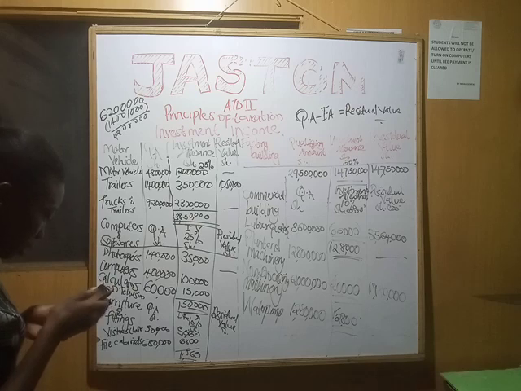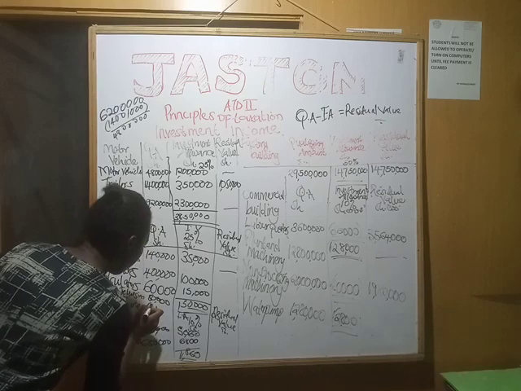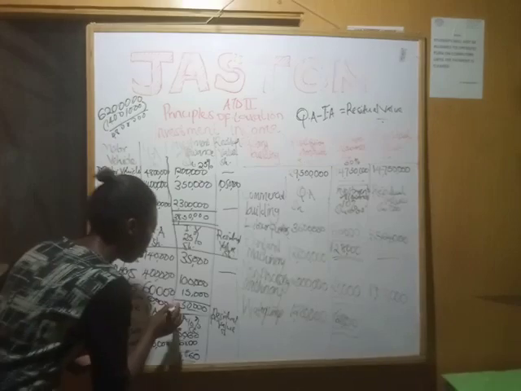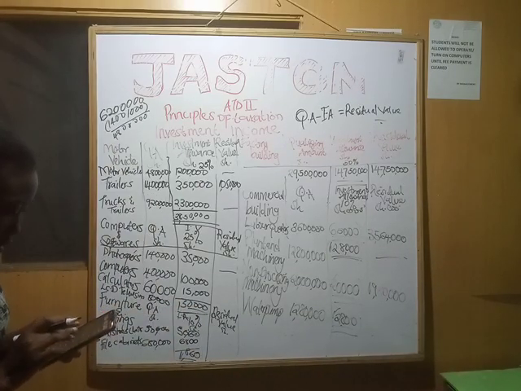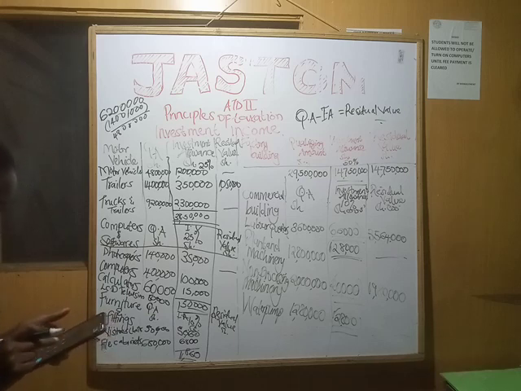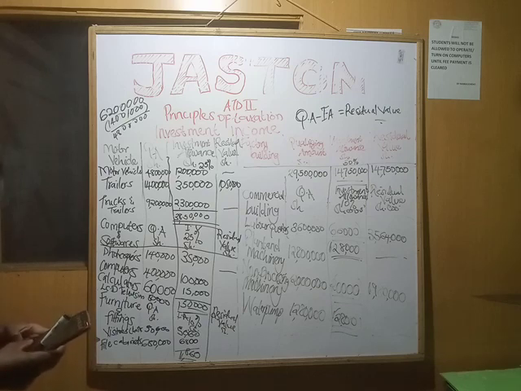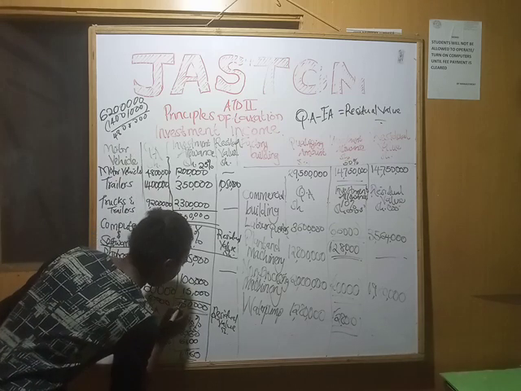LCD television at 80,000. So 25% of 80,000, we just do the calculation, then we add it up here. 25% of 80,000 is 20,000.